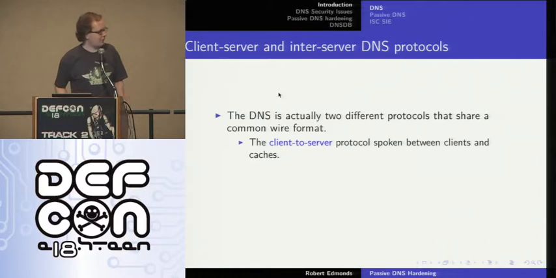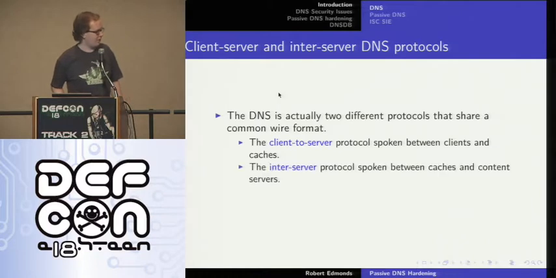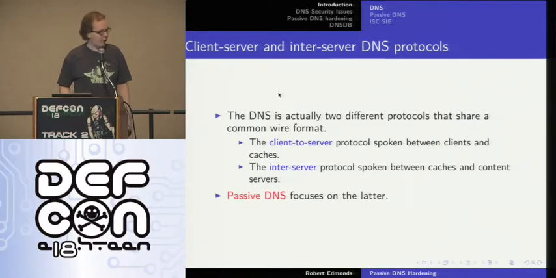So the 2 protocols are the client server protocol and the inter server protocol, spoken between caches and content name servers. Passive DNS focuses on the latter because we don't want to see client queries or give the impression that we are spying on people. In fact, what we want to do is gather intelligence about the domain name system rather than clients that are requesting that information.